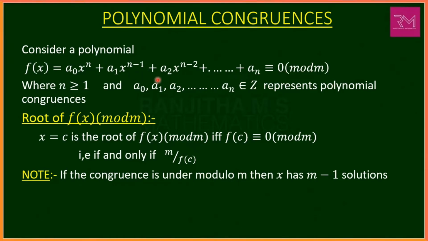That means it may contain only 2 solutions or fewer than 2 solutions, not greater than the m value. That is, any congruence under mod m has m minus 1 solutions. If m is 4, it contains 3 solutions. If m is 5, it may contain 4 solutions, and so on.